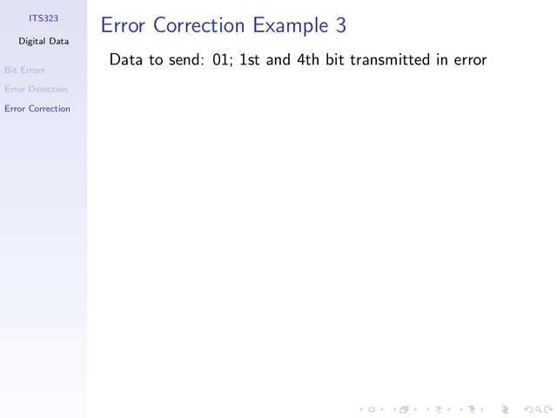Oh, okay, okay. First and fourth bit. Because it's the corresponding data for this code word from the table.